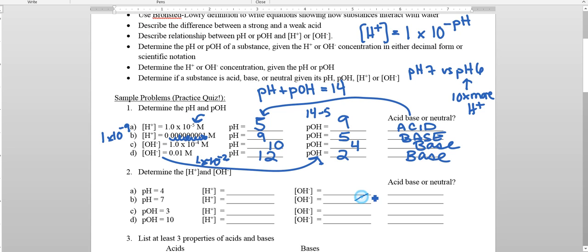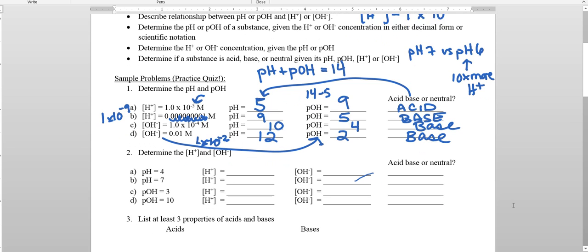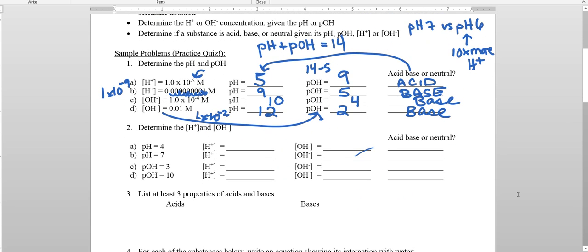All right, so let's look down at this next one. Determine the H and OH. So this time we're working our way backwards. So instead of being given the concentration and finding pH, we're given the pH and trying to find the concentration. So we know that the hydrogen concentration is 1 times 10 to the negative pH.